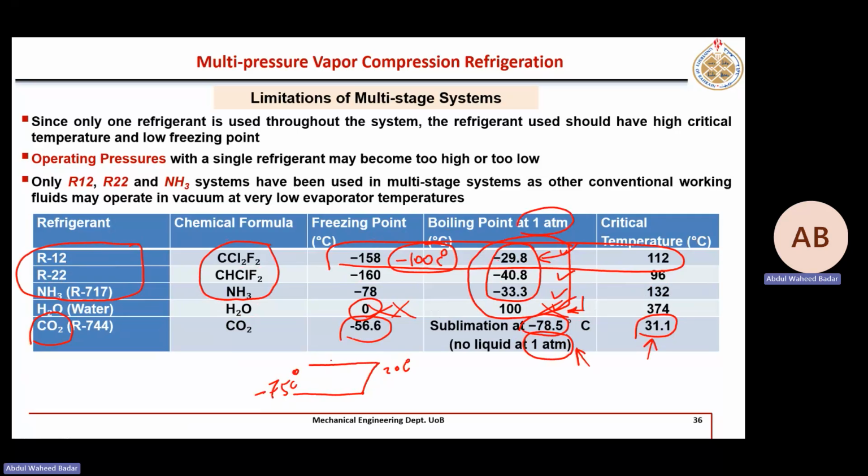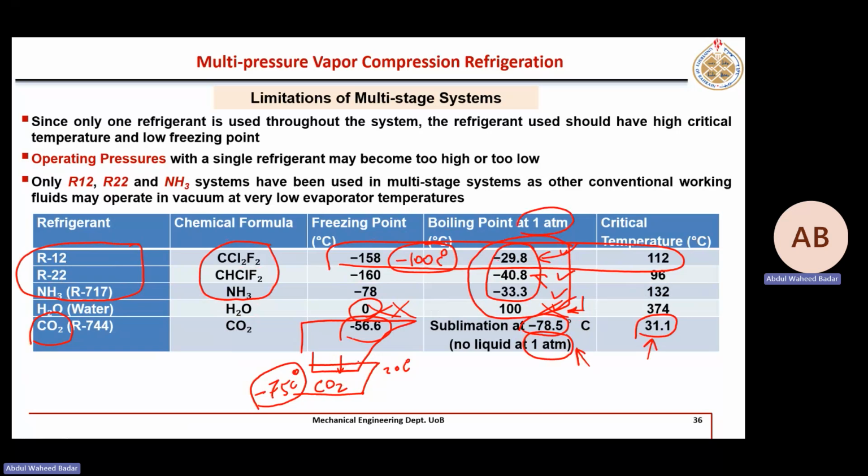But how will it condense? It will reject its heat to another fluid like this one. And that will be condensing there. So you are using CO2 here to create very low temperature evaporation. But for condensation, you are not going to use CO2.